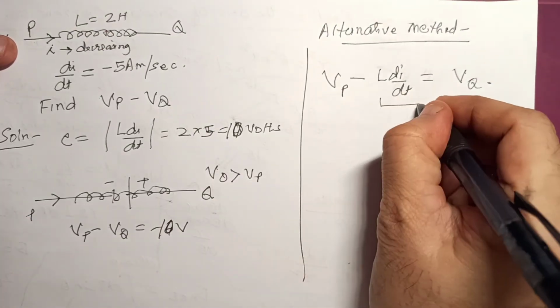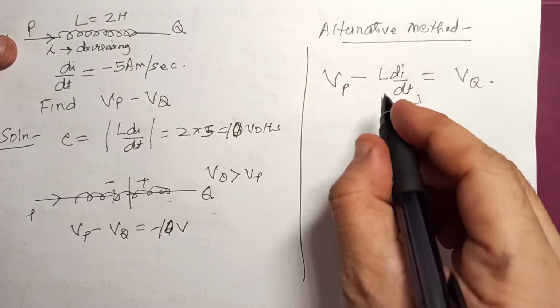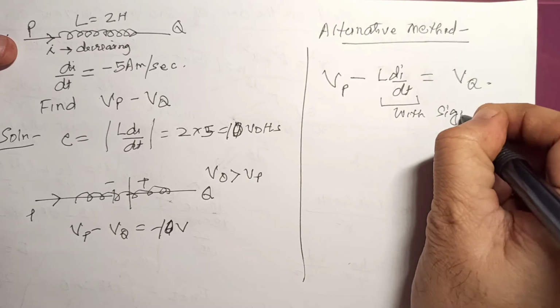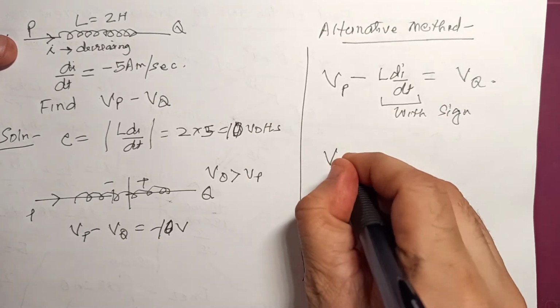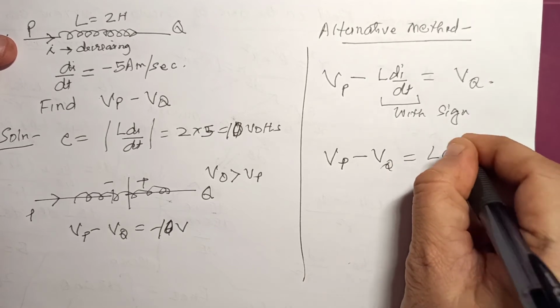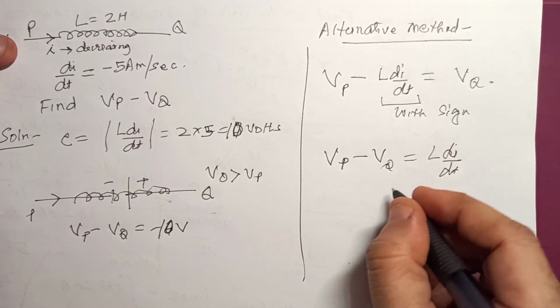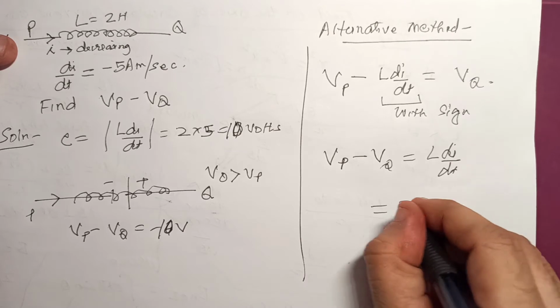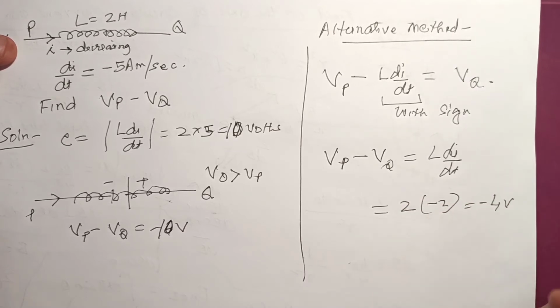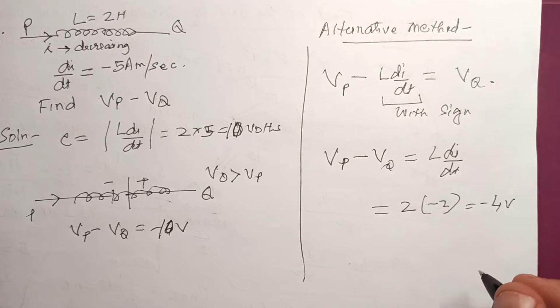But don't use mod, use it with sign. Then I can say Vp minus Vq is equal to L di by dt, or I can say 2 into minus 2, which is minus 4 volts. So that's an alternative way of doing it.